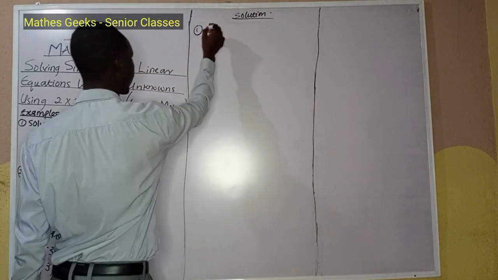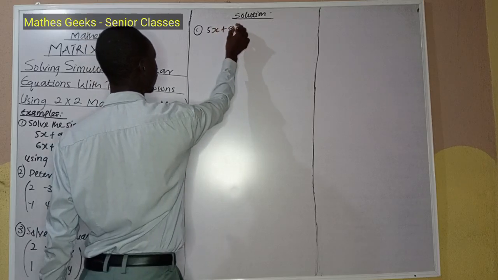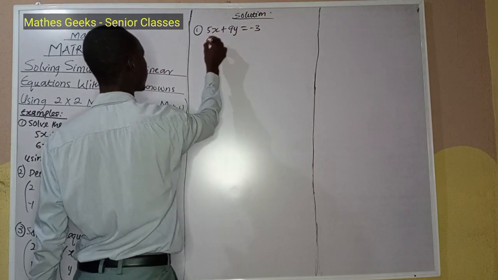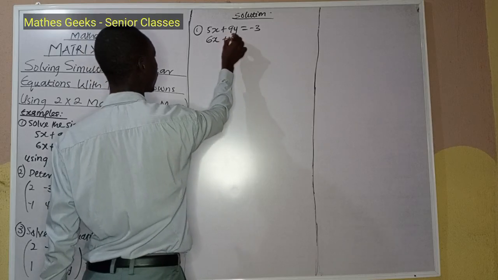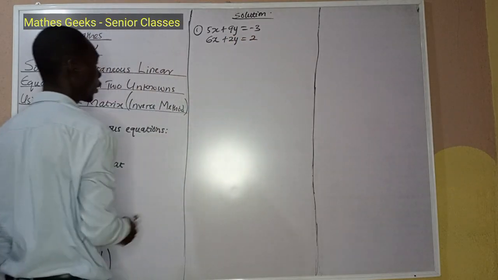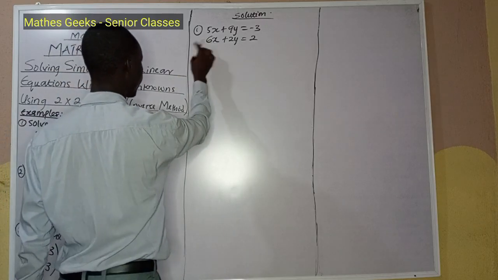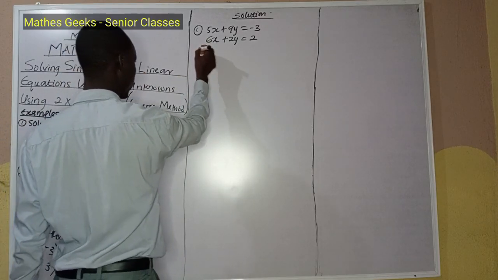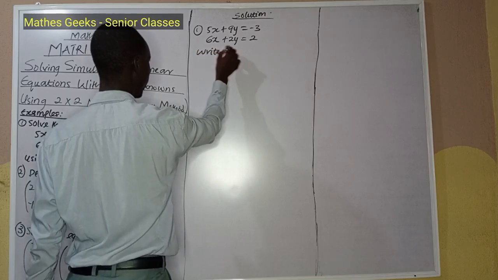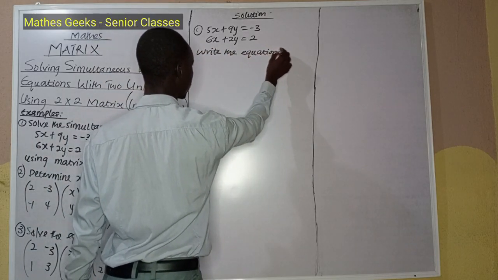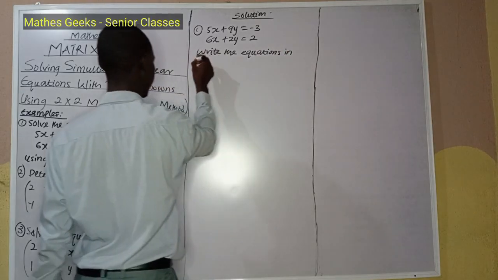Another one: 5x plus 9y equals minus 2, 6x plus 2y equals 2. Write the equations in matrix form.